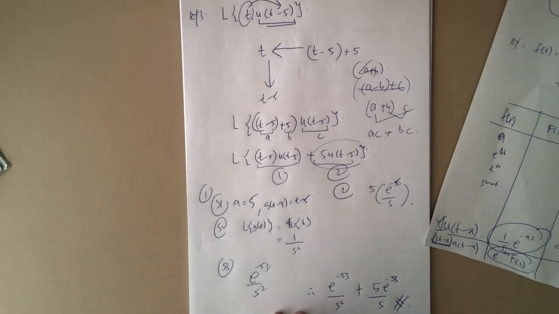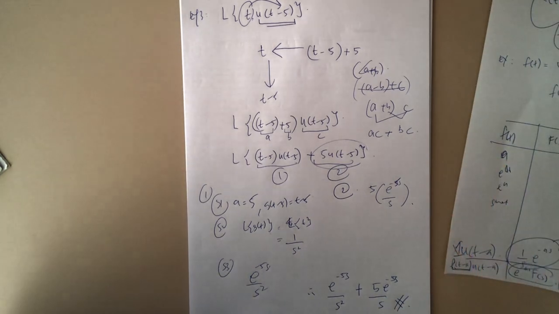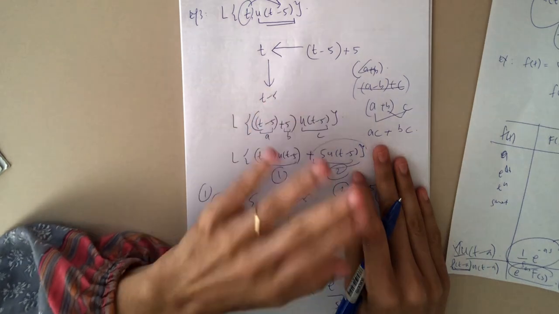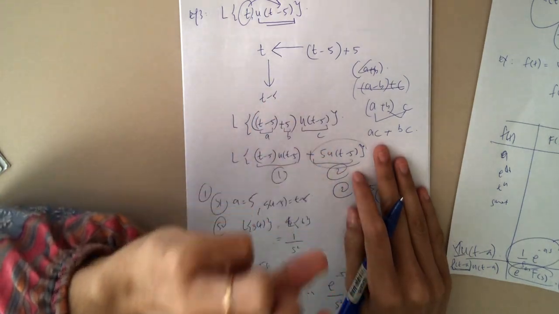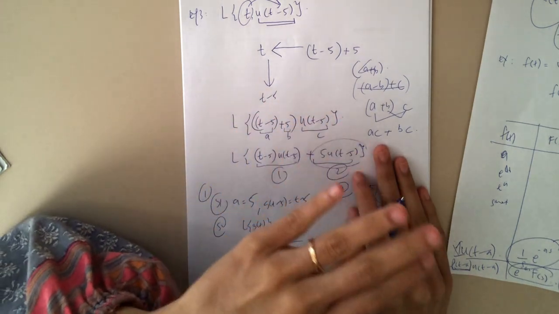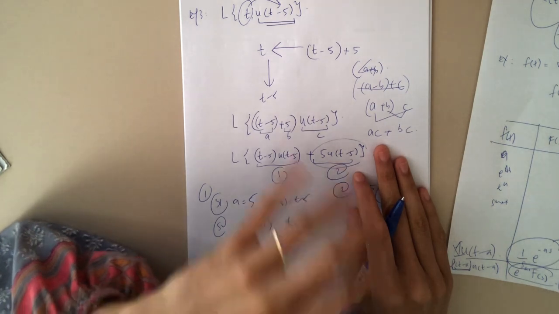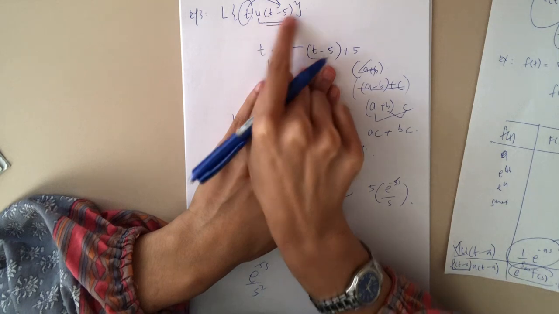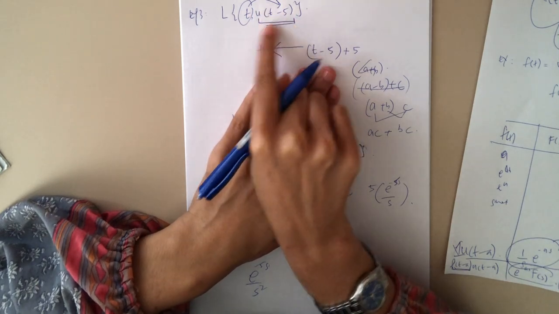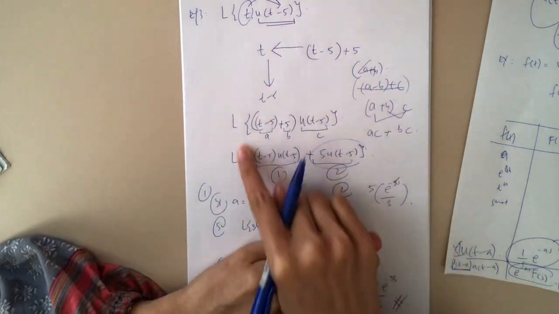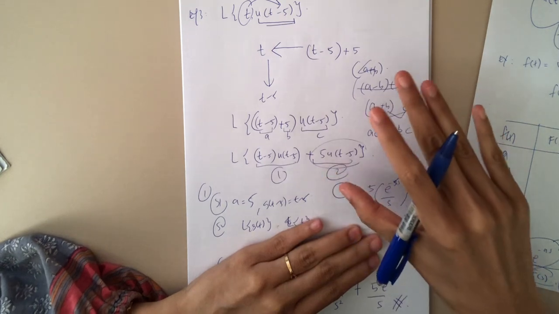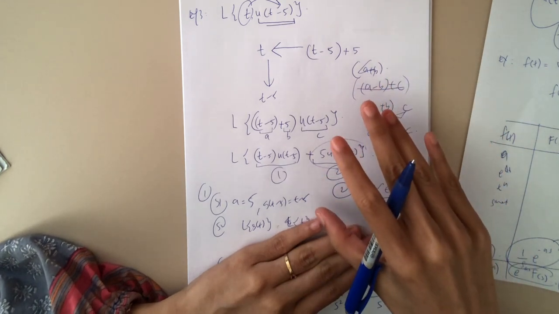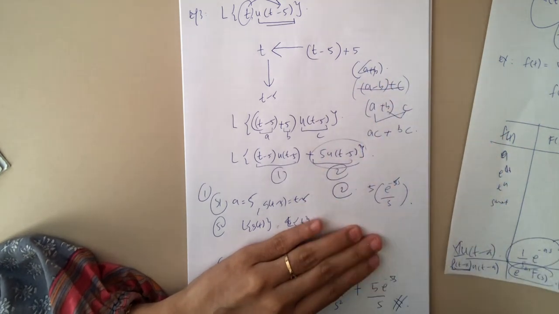So maybe this example is something extra that you need to give more attention to, because this one is not equal to the unit step function form here. So you need to do extra steps, which is you need to rearrange, or modify.